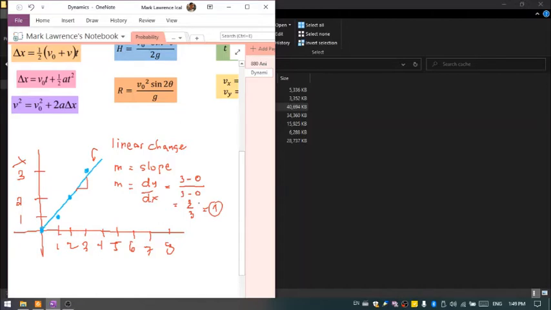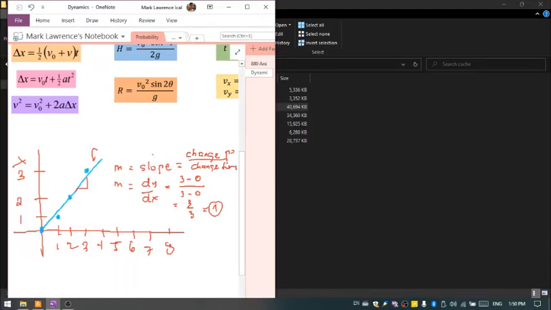So your slope is 1 meter per second. That's your velocity. I'm sorry, I did not specify here, but the slope is actually the change in position over the change in time.